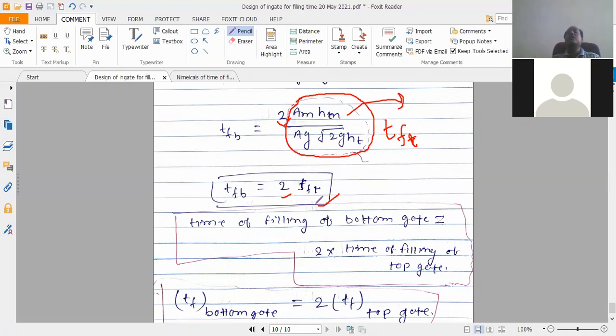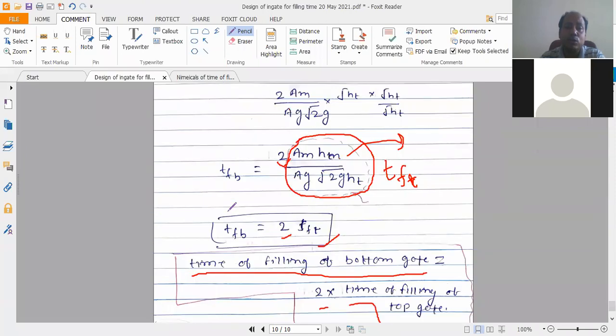So many times they will ask you to prove it. You have to prove how the time of filling will be doubled if the mold cavity height is equal to the total gating system height. So you have to remember it: the time of filling of the bottom gate is 2 times the time of filling of the top gate.